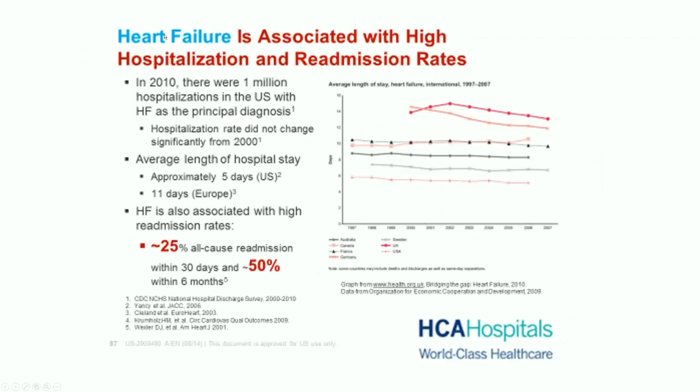And so let's look. Heart failure was associated with high hospitalization and readmission rates. Very high. Look, 25% all-cause readmission within 30 days and 50% within 6 months. Wow, that's a lot of readmission, and that's a very dangerous thing.